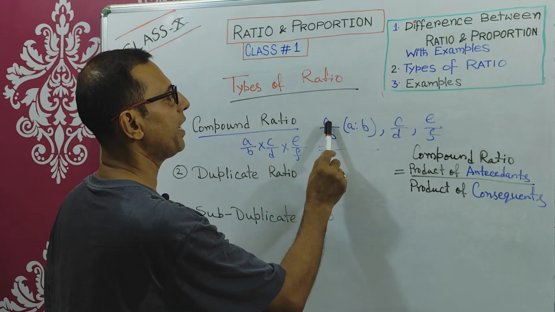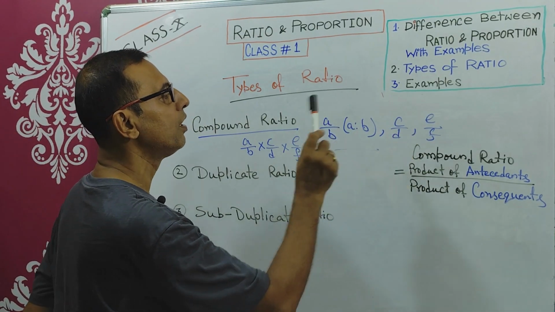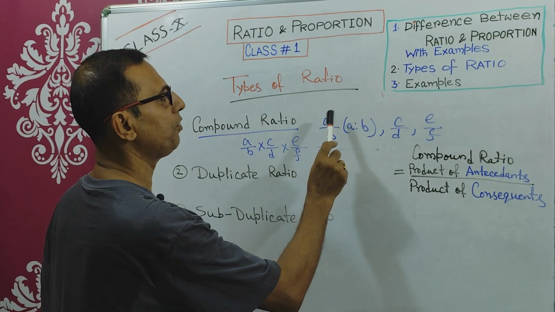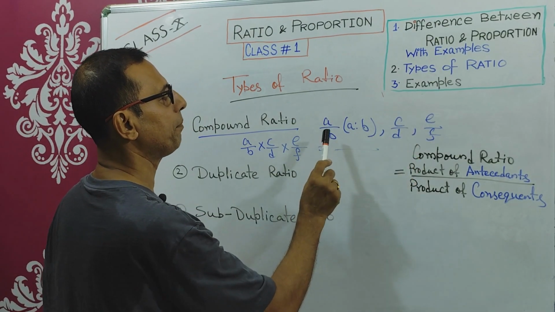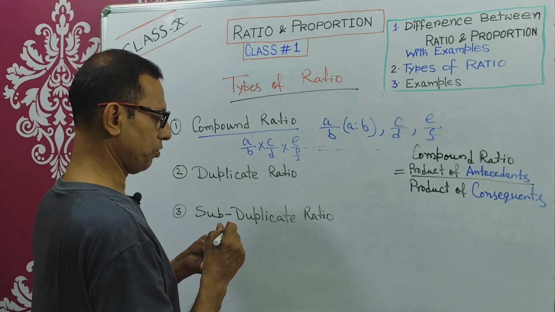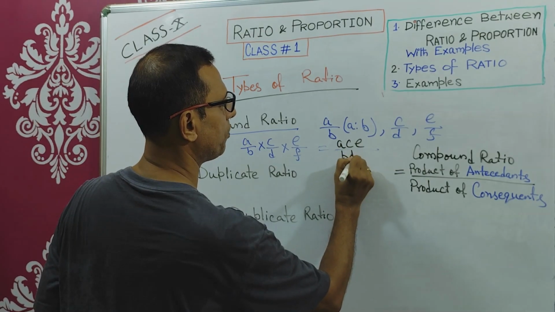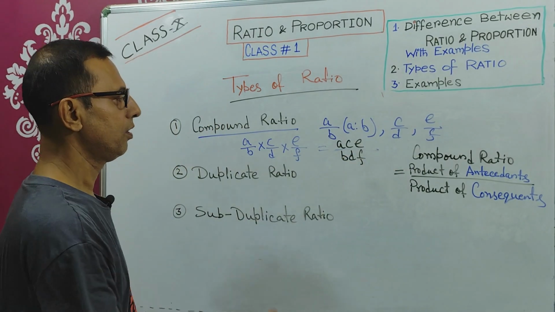That means for three given ratios A by B, C by D, E by F, the compound ratio will be A into C into E divided by B into D into F. That is what compound ratio is, right?